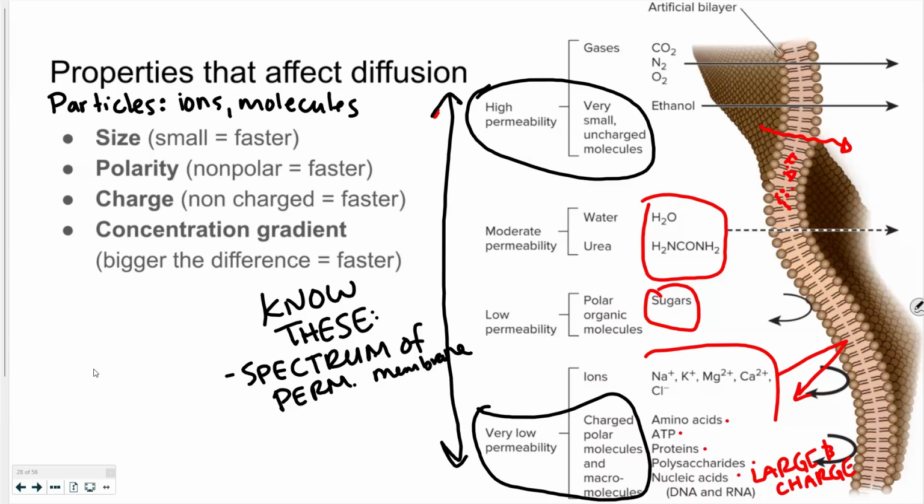So if on an exam question, I gave you the chemical structure of atmospheric nitrogen, and I would even remind you that this is a non-polar bond.